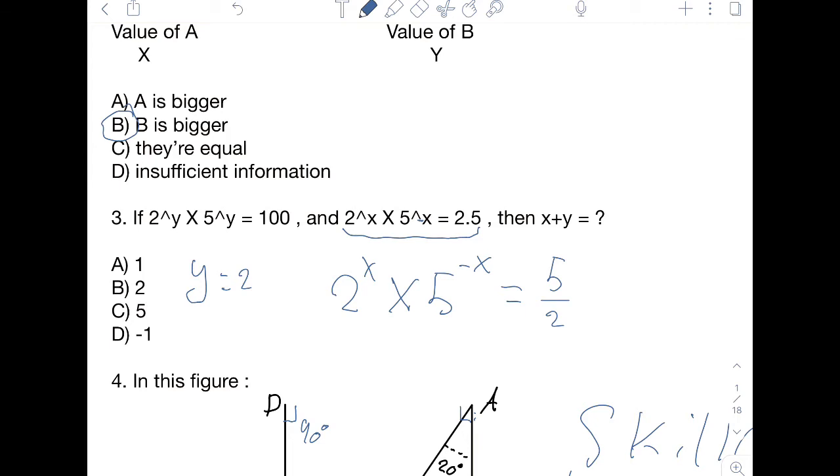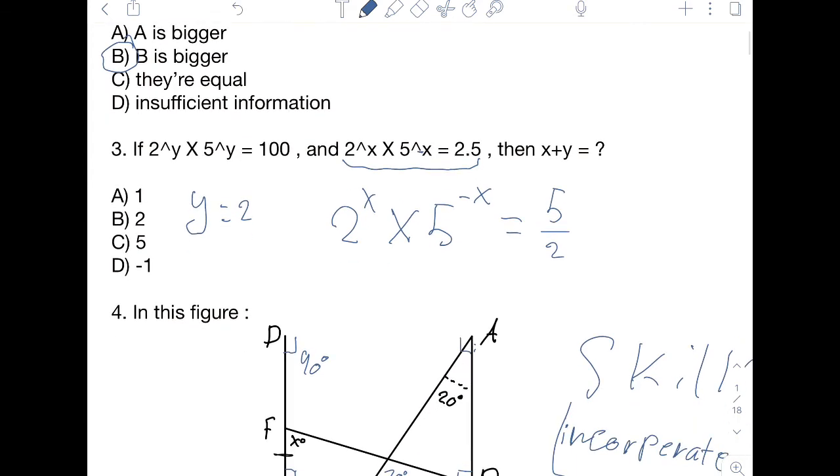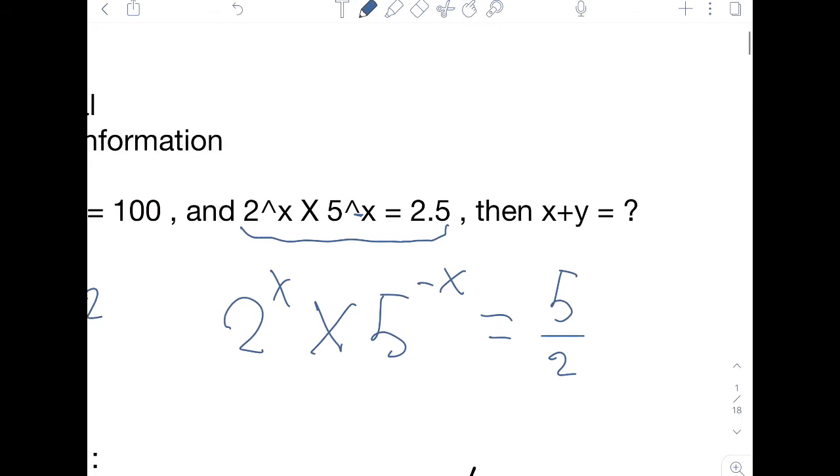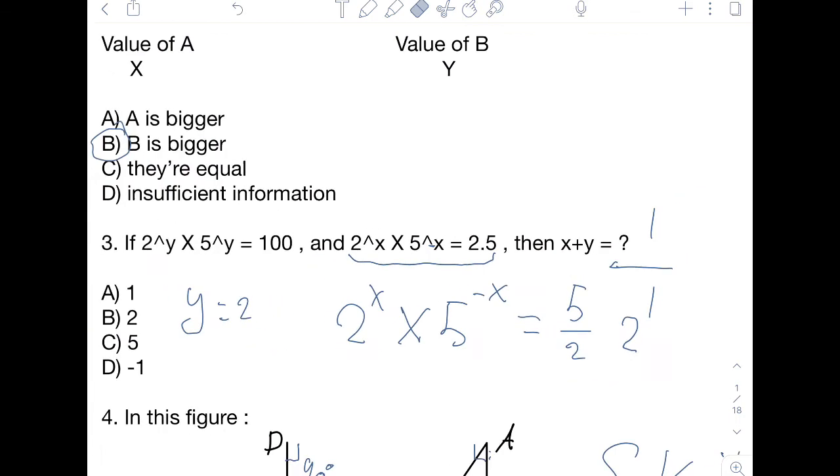I hope you guys know that in questions like these, taking any number to the power of a negative number, you can get rid of this negative by simply putting it over 1. If I do that, then this becomes not negative. So this is for any negative number. If any number is being raised to a negative number, you can get rid of this negativity by just putting 1 over it. And that's what we're going to do here.